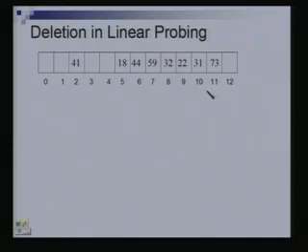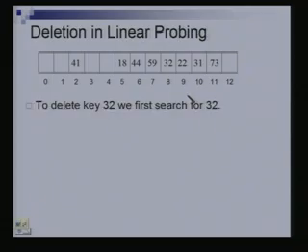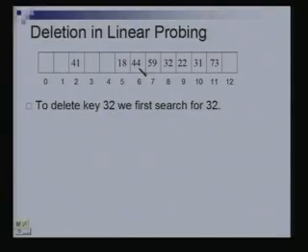How do you delete? Suppose this was my picture from the previous slide, and now I want to delete 32. So first I will have to search for 32, right? 32 mod 13 is 6, so I come here, it is not here, so I come here, it is not here, I come here, I find 32.